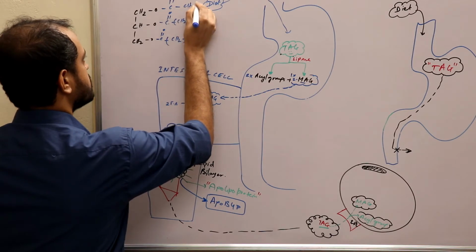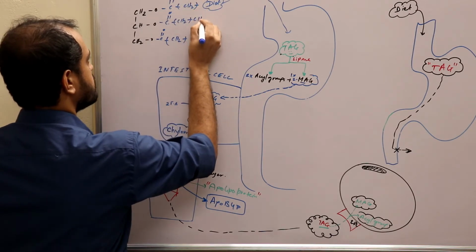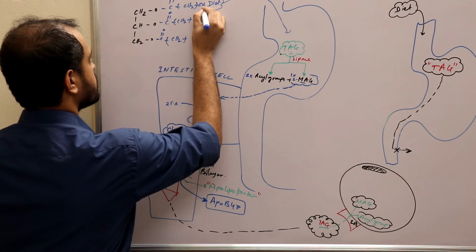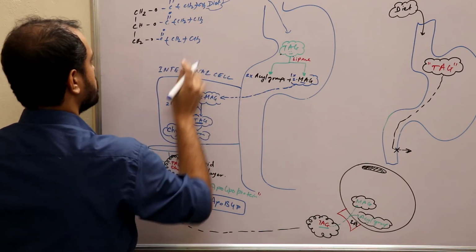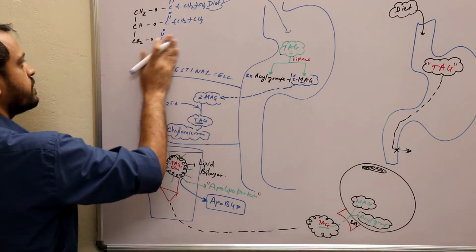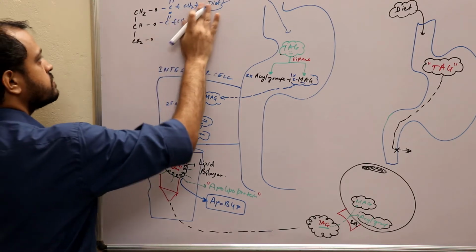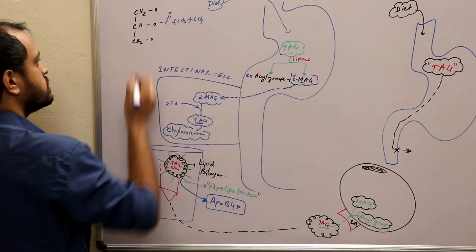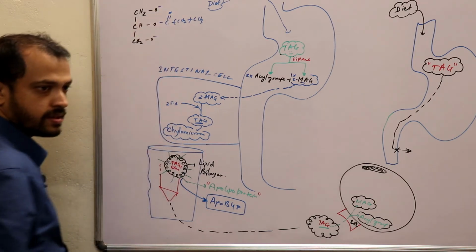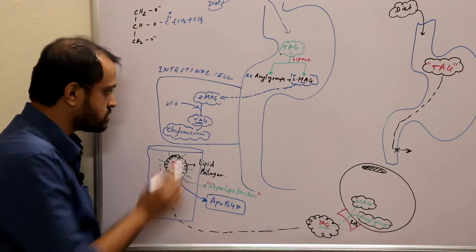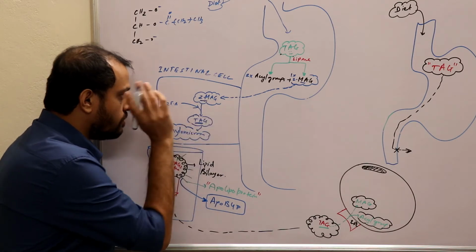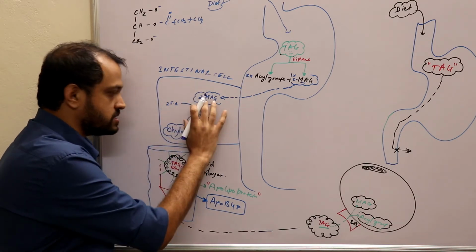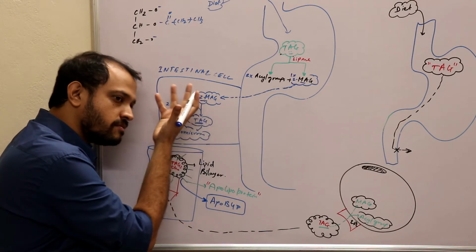Now you need to understand one basic thing: when you remove these groups, this becomes polar. That means MAG is very good for cytoplasm, because cytoplasm is also made up of water.